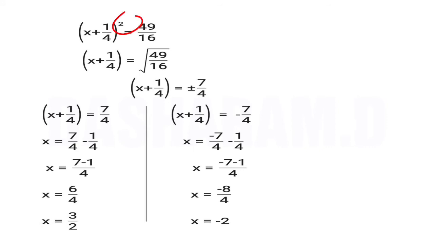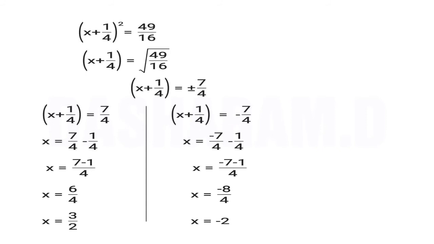So here the square is transposed to the RHS side, then it will become a square root. So x + 1/4 equals the square root of 49/16. Here numerator 49 and denominator 16 are both perfect squares. So then plus or minus 7/4 is the answer. So now x + 1/4 = 7/4, and x + 1/4 = −7/4.